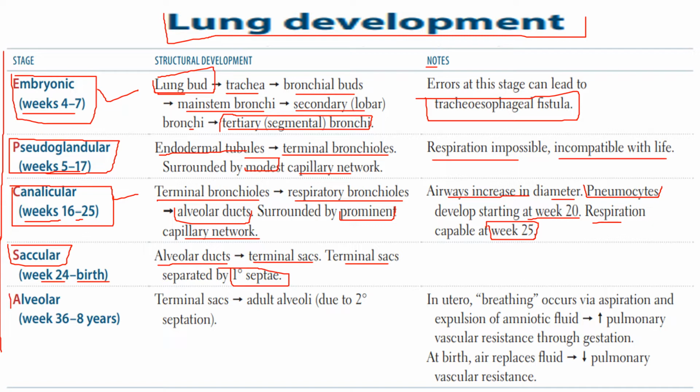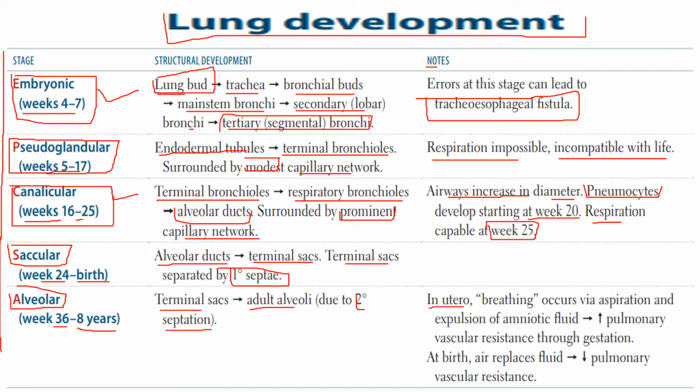The last one is the alveolar stage, which lasts from 36 weeks of fetal development to 8 years old. From terminal sacs, the adult alveoli get derived due to the secondary septation.